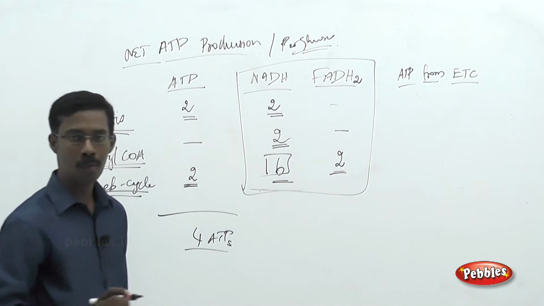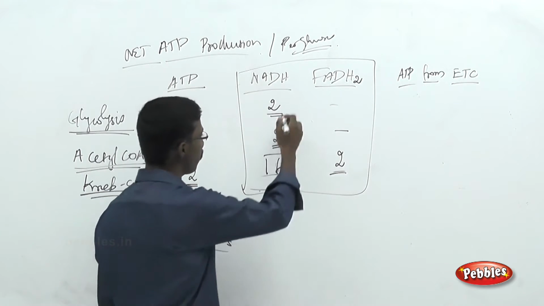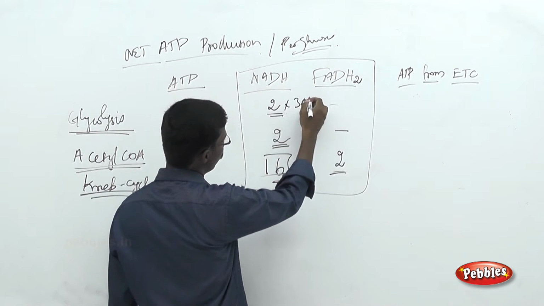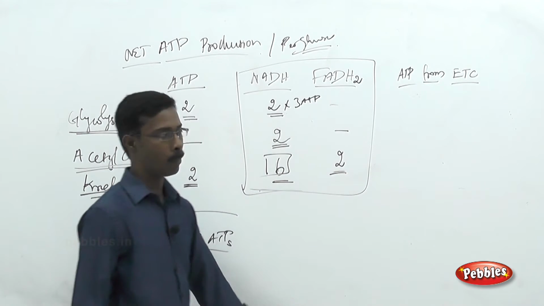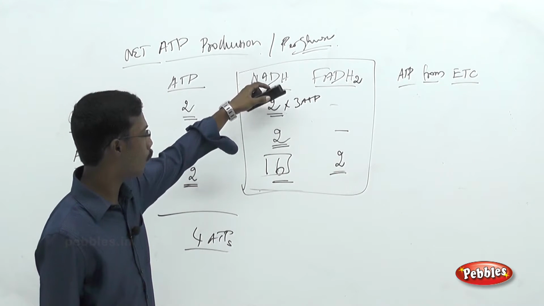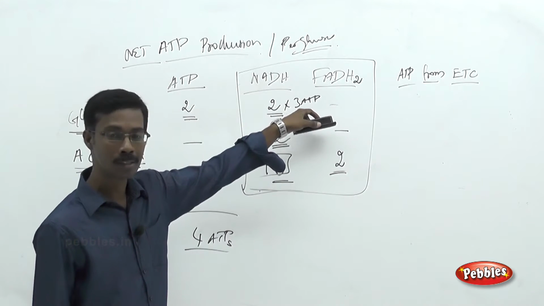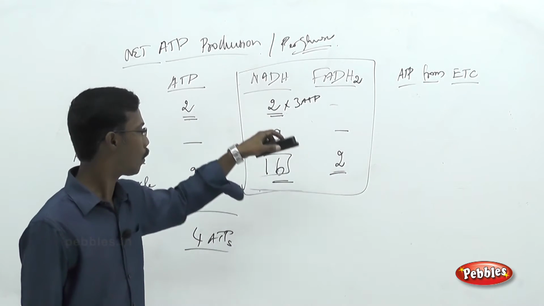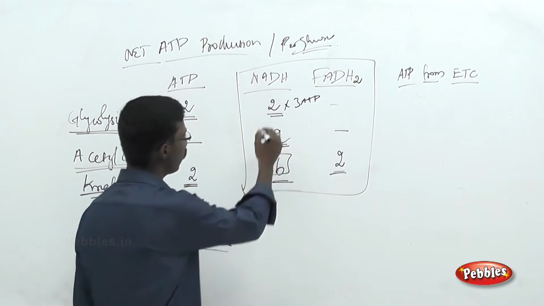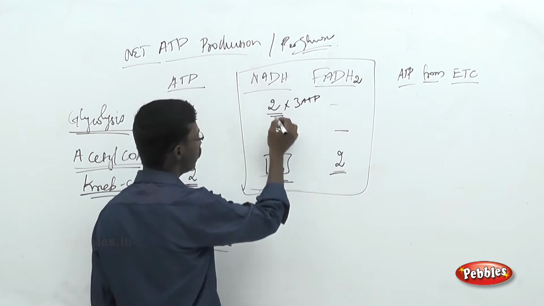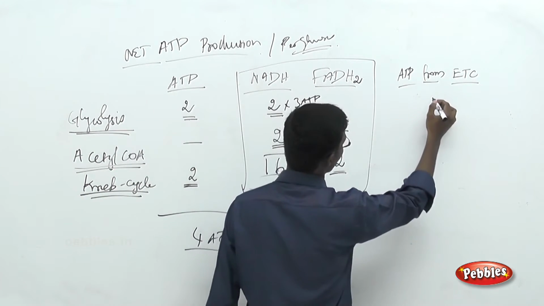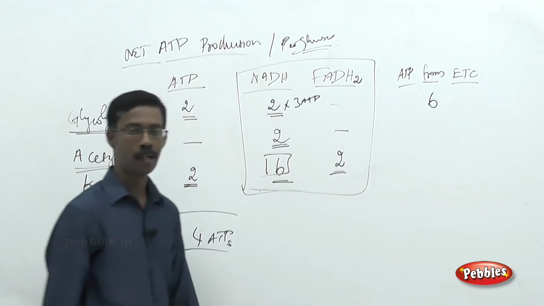One NADH molecule is equivalent to 3 ATP molecules. Okay, this is what you have to remember. One NADH molecule can be involved in the synthesis of 3 ATP molecules. So these 2 NADH are equivalent to 2 into 3, 6 ATP in the electron transport chain.